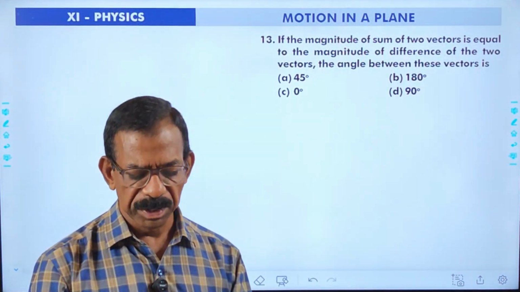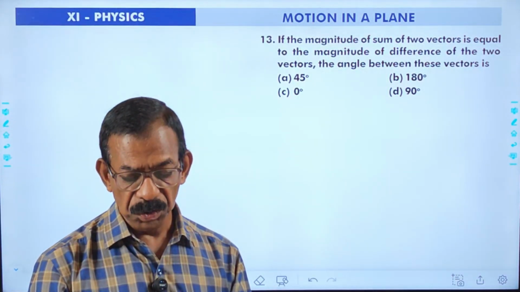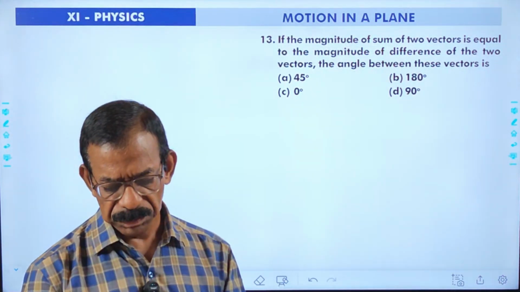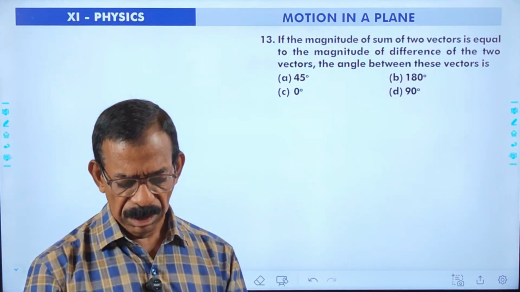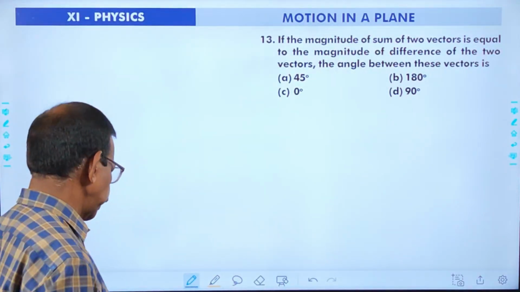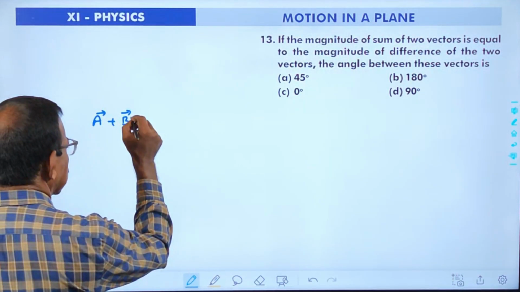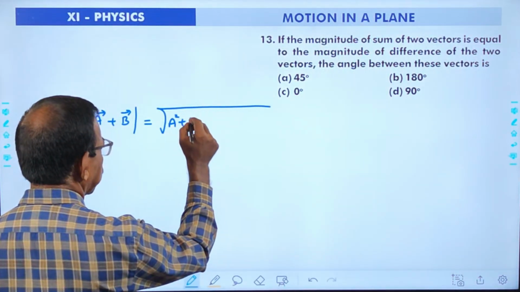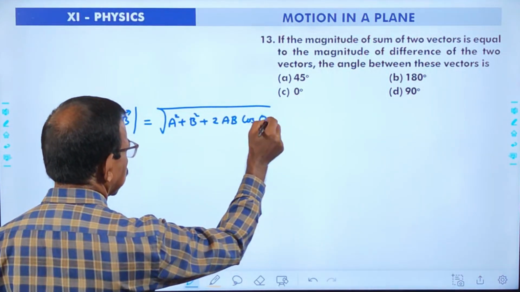Next question is question number 13. It is given that if the magnitude of the sum of the two vectors is equal to the magnitude of the difference between the two vectors, then what is the angle between these two vectors? I may represent two vectors like this, vector A and vector B. The magnitude of the sum of vector A and vector B is root of A square plus B square plus 2AB cos theta.